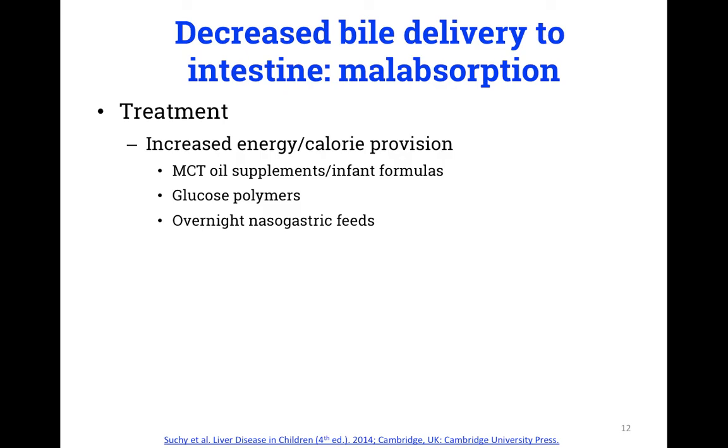Second option is to use glucose polymers such as polyglucose powder, which again should be adequately absorbed in the patient, regardless of how much bile acid they're producing, because glucose is not dependent on bile acid for its digestion or absorption.